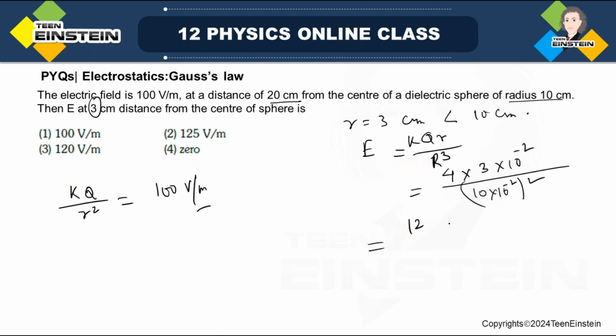So this is 12. 10 to the power 4 will come from down here, and 10 to the power minus 2 divided by 100. I'm sorry, this 100. Okay, divided by 100.